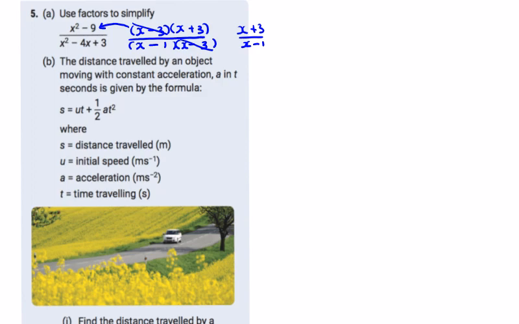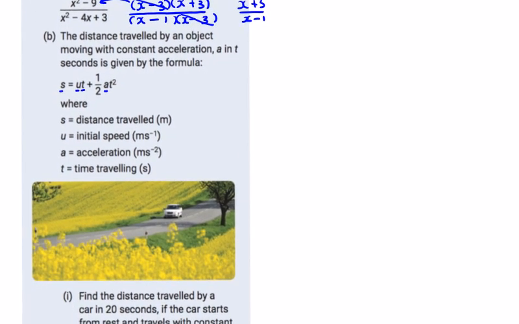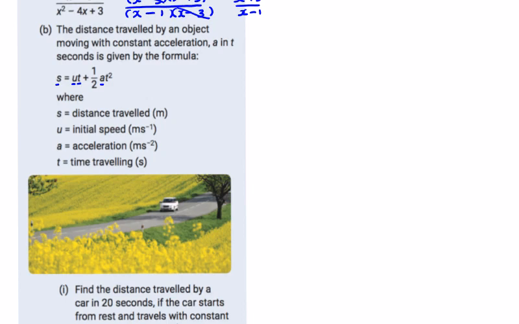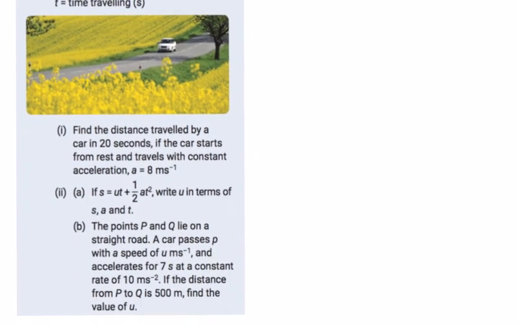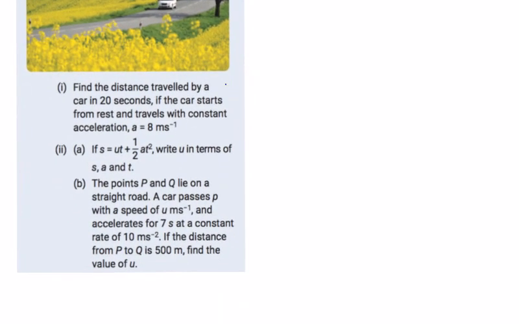Here we're given a formula with S, U, T and A, 4 unknowns again. A is acceleration, S the distance travelled, U is initial speed, and T is time travelling. So find the distance travelled by a car in 20 seconds. Write down your variables. T is 20. If the car starts from rest, so the initial speed is 0, and travels with constant acceleration, A is equal to 8.